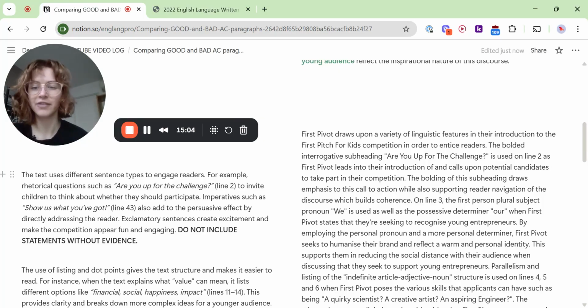The second gripe I have with this is that the very first thing this entire paragraph is about is sentence types. This is very nitpicky and would be completely fine and not lose any marks.